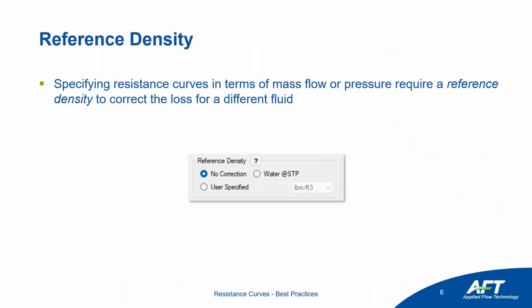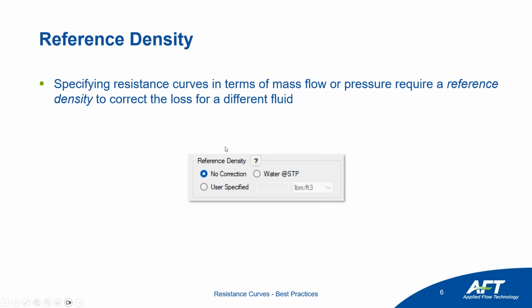So again, reference density, in general, the idea would be defining all of your resistance curves in terms of head and flow rate, because otherwise, by defining it in terms of mass flow or pressure, you're now assuming something about the density of the fluid. It's no longer a per mass energy transfer. It's now, here's the results, here's the density, here's the actual mass that's going through our fluid.